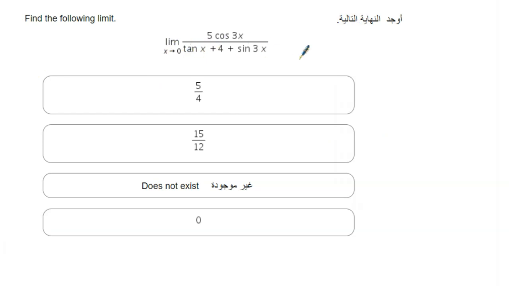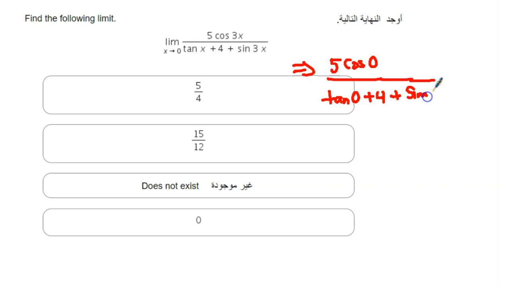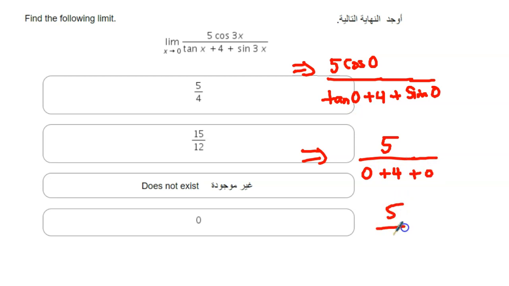It approaches 0, so wherever we see x, we put 0. So 5 cos of 3 times 0, which is cos 0, over tan 0 plus 4 plus sine 0. And we know that cos 0 is 1, so we're going to get 5 on top here. Tan 0 is 0. We have the 4. Sine 0 is also 0, leaving us with 5/4 as the calculator gave it to us within a second.